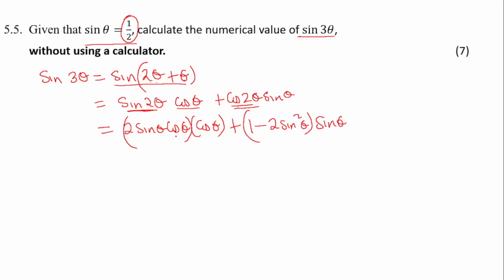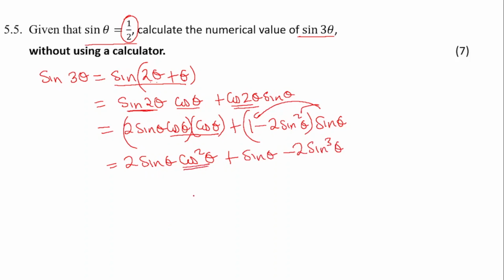Right, so we can multiply this. What do we get? We get 2 sine theta cos squared theta, then plus, we're distributing sine theta here, so it's going to be sine theta minus 2 sine cubed theta. Right, and then cos squared theta is the same as what? As 1 minus sine squared theta.